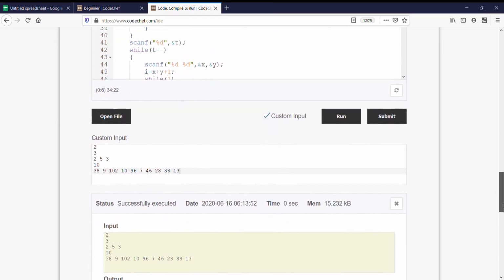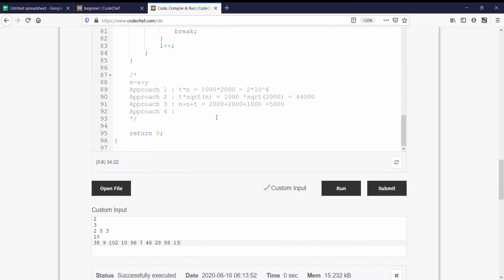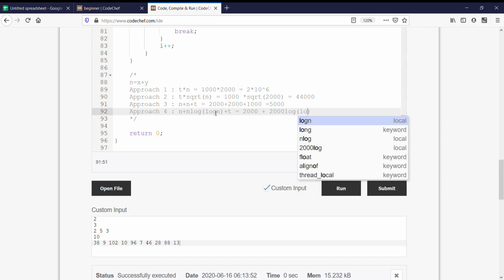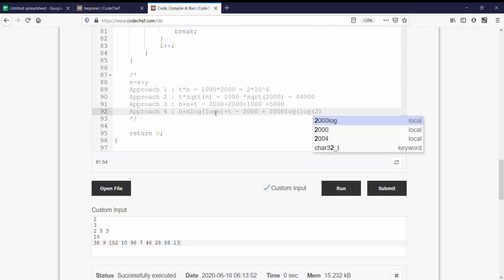We will not go into detail, but we know that its complexity is n log n, and similar to the previous approach we would be adding n and also t, which would be 2000 plus 2000 into log of 2000, which is approximately 1, plus 1000.